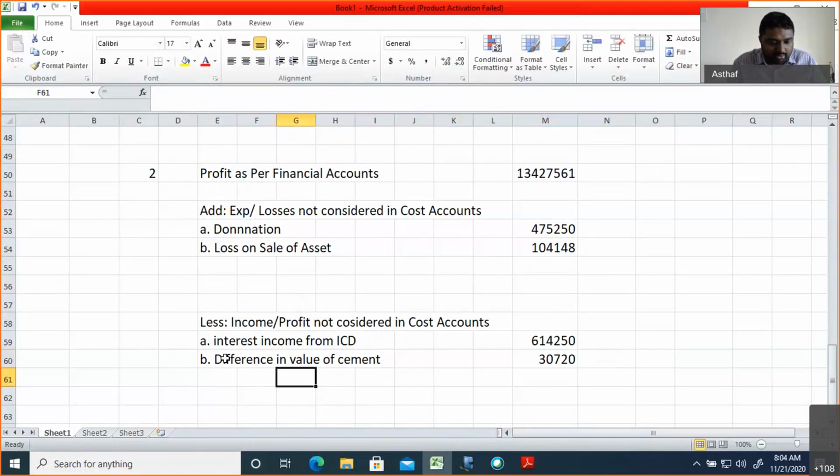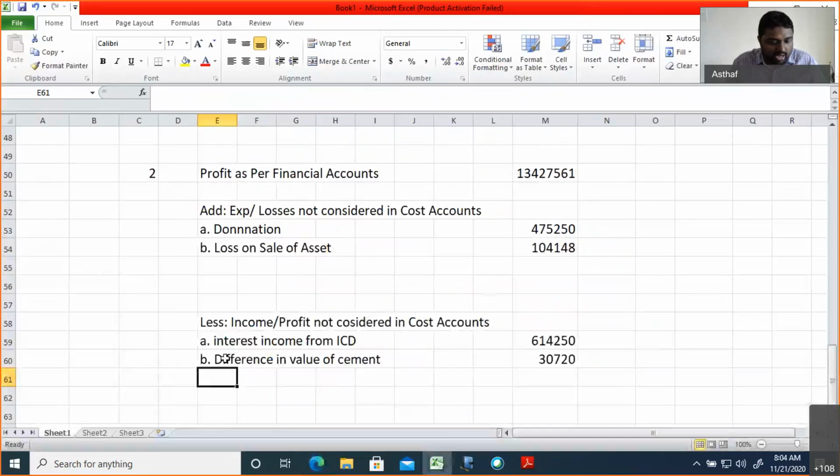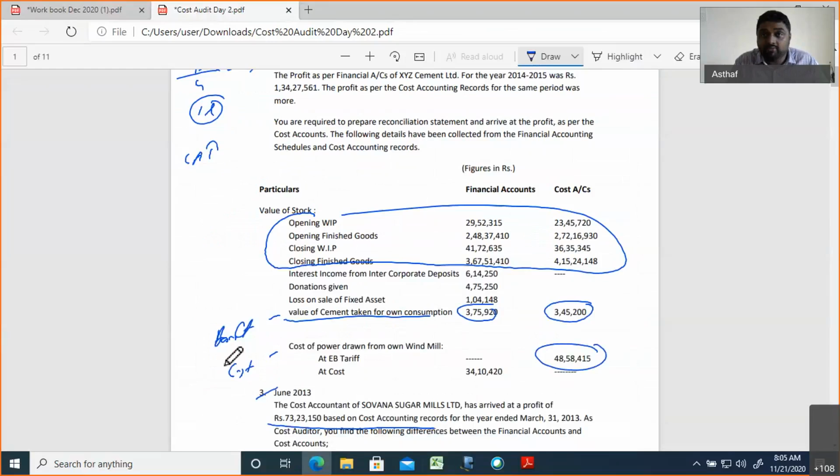What is next? Power or EB. EB by name itself is a cost. Cost is more in financial, and in cost accounts it will be less. So that also will come. This point is very clear, just look at the cost of power.